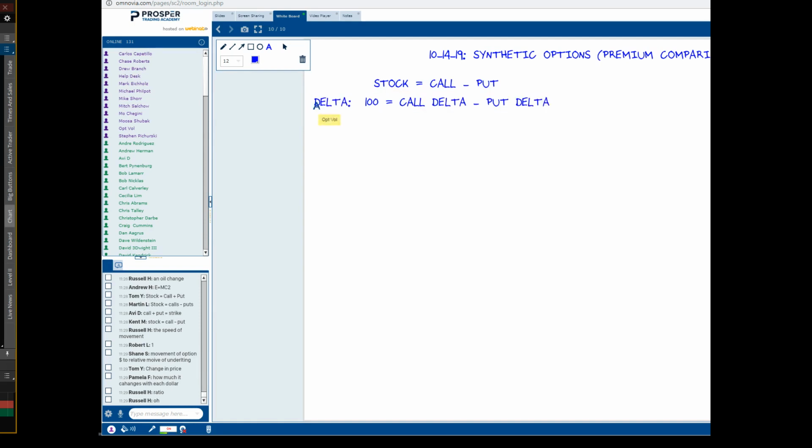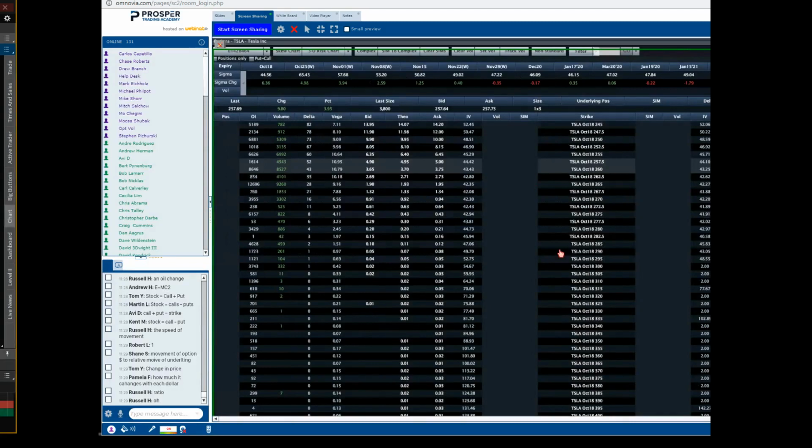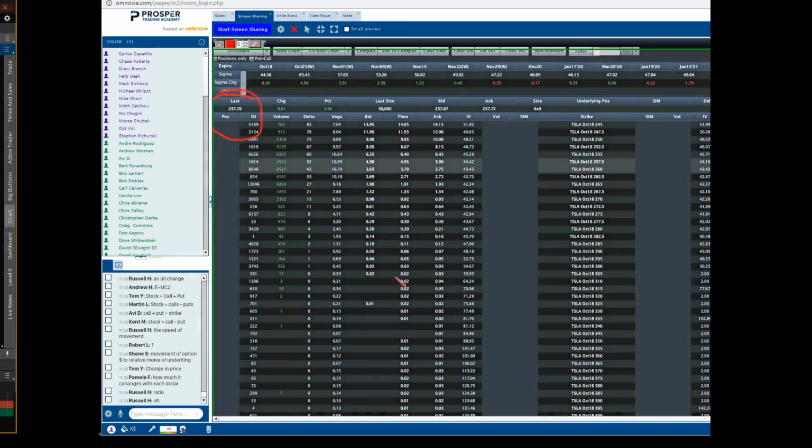Okay, so let's look at, Shane, you said Tesla, so I have Tesla up on the board here. Let's look at any strike. Okay, and let's just keep it something near being at the money, but let's look at any strike here. Okay, so let's look at the 260s. You can see the 260 call is a 43 delta.